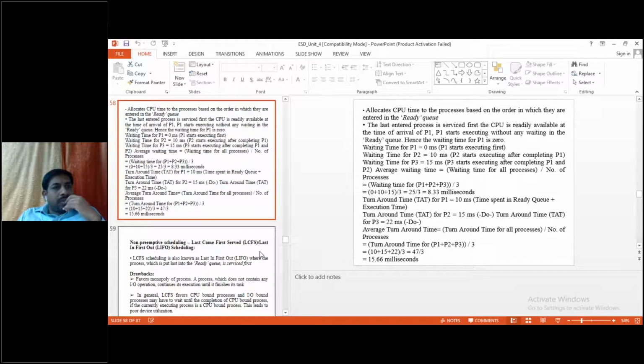So we allocate CPU time to the processes based on the order in which they are in the ready queue. Based upon the scheduling technique, the ready queue is maintained, and because it is first come first serve, first entered is P1, second is P2, next is P3.